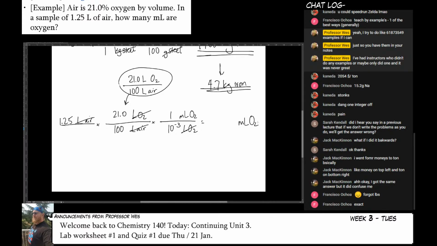There you go. And I got 262.5 milliliters.